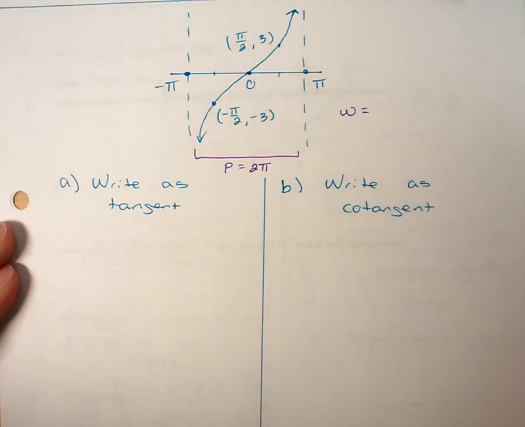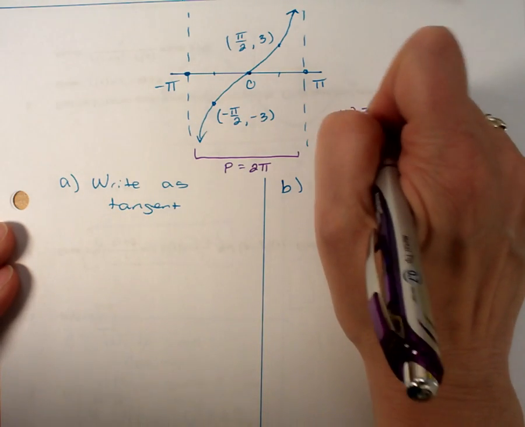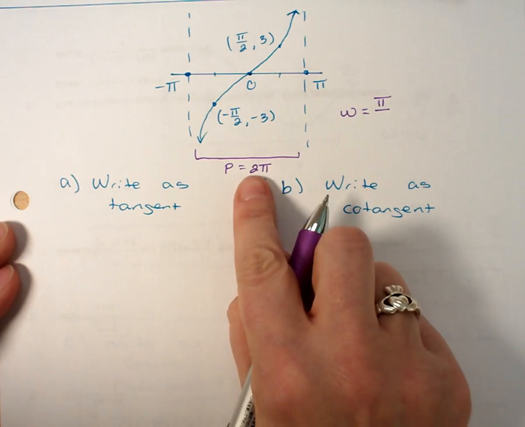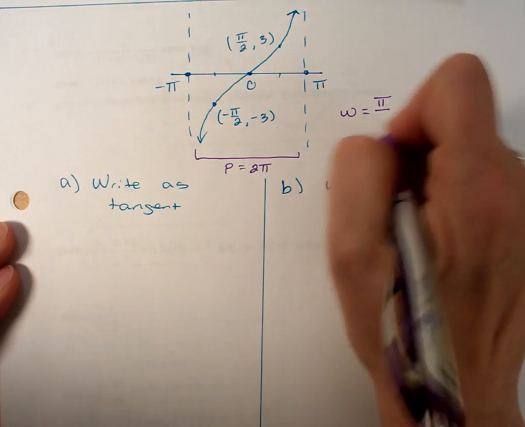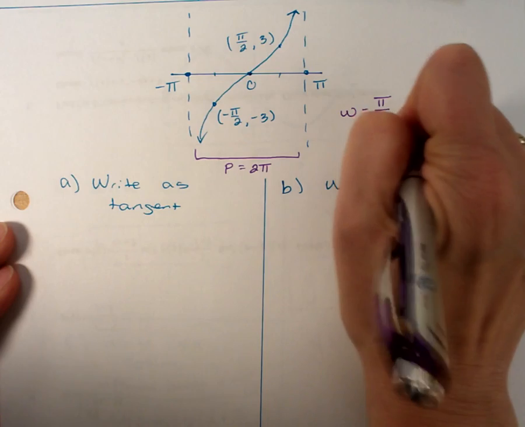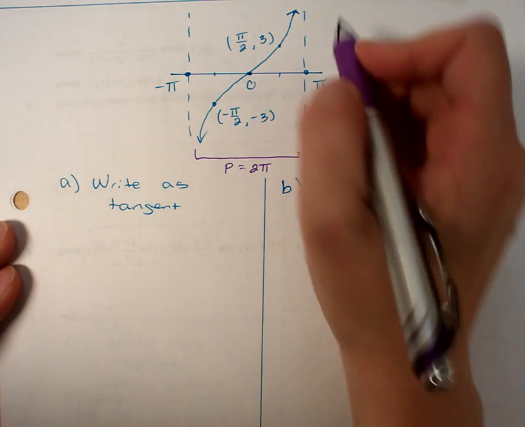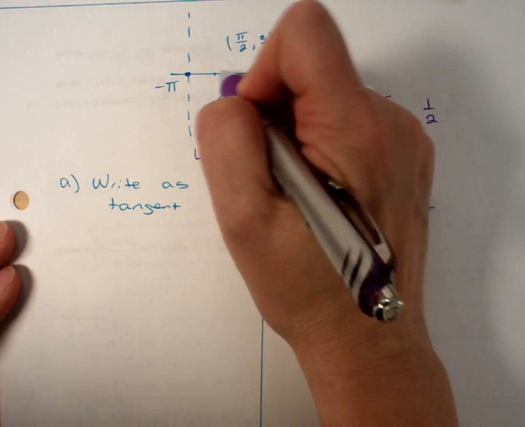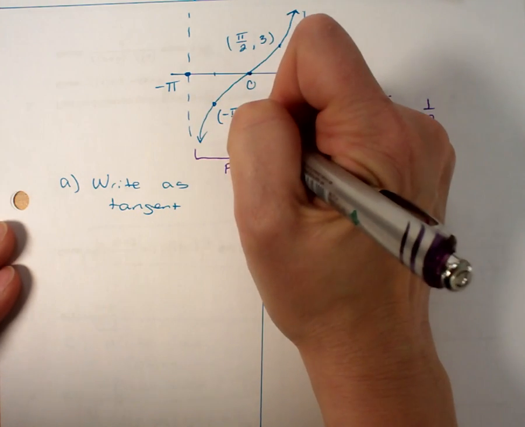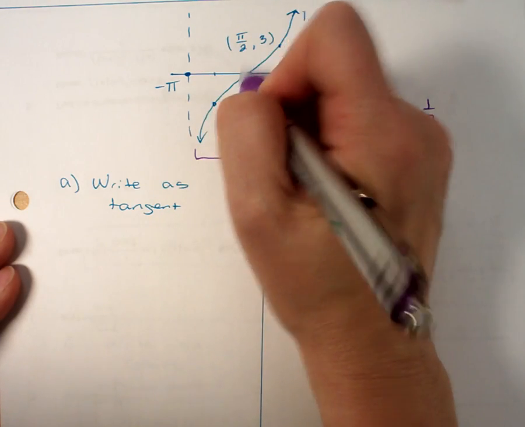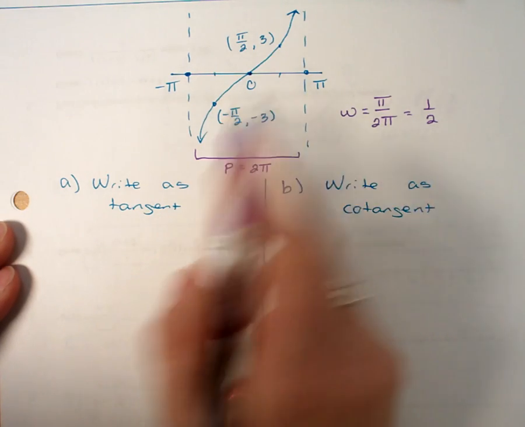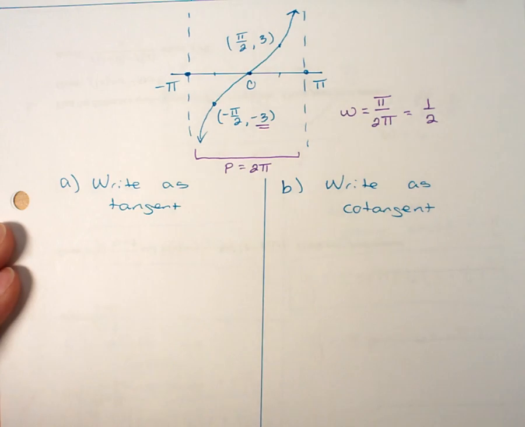Remember, when we work backwards for tangent, we're comparing my new period to the parent period of pi. So now my coefficient will become a 1/2. The other thing that I can notice is that halfway between, because that's a negative pi over 2, halfway between these two values, I've been given this value of -3.